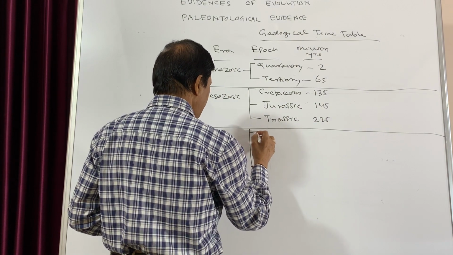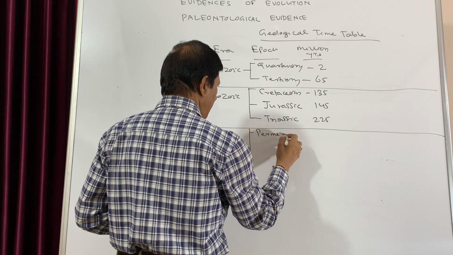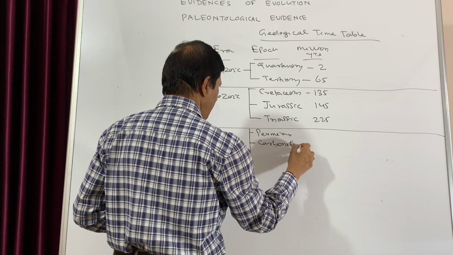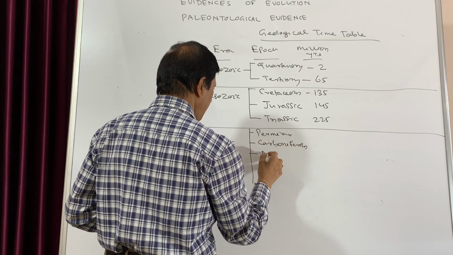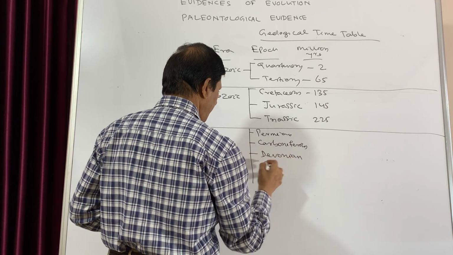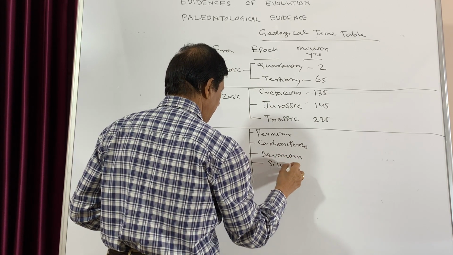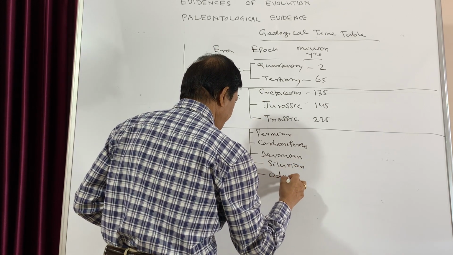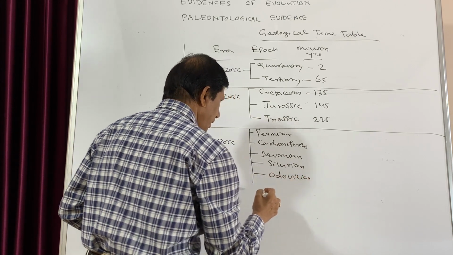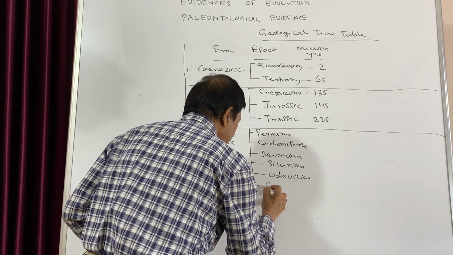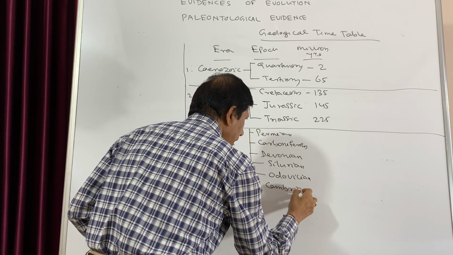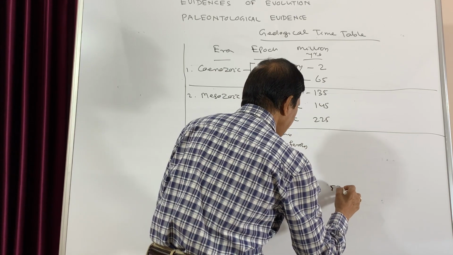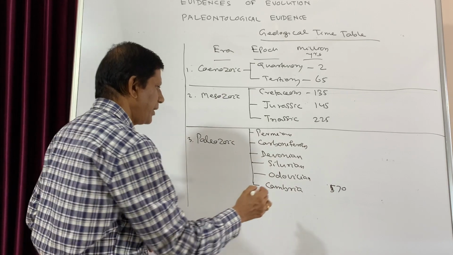So number 1 is Permian, and number 2 is Carboniferous, then Devonian, then Silurian, then the 5th is Ordovician, and the other is Cambrian, and it started around 570 million years. This is Cambrian.